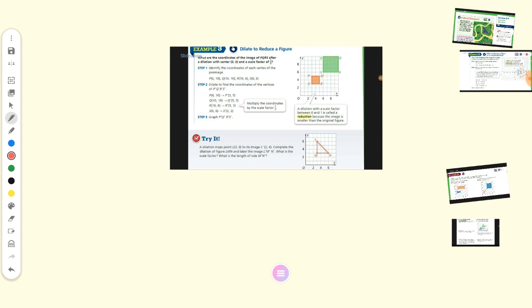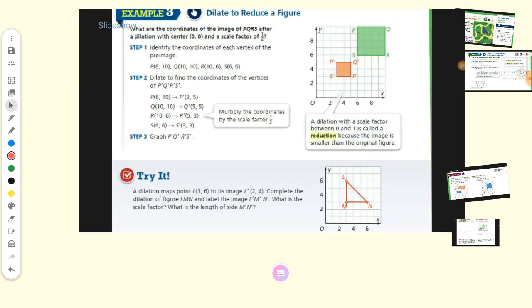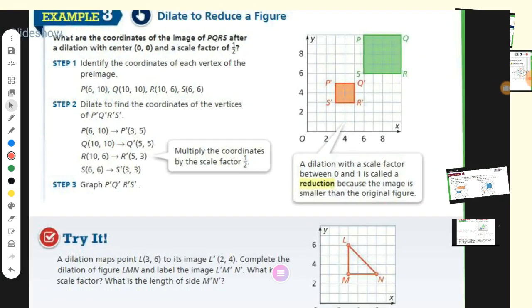Let's see the following example. The current example is about reducing the green figure to become the orange one. First, write all the coordinates of the green one, which is P equals 6 and 8, Q 10 and 10, R 10 and 6, S 6 and 6.